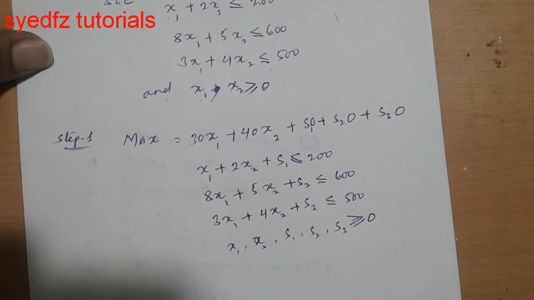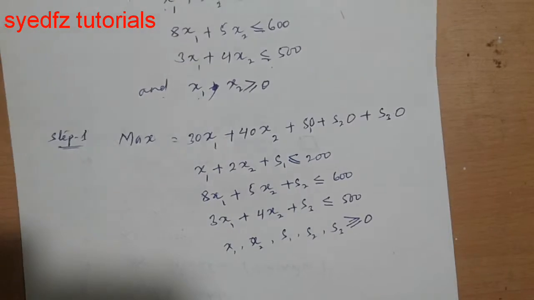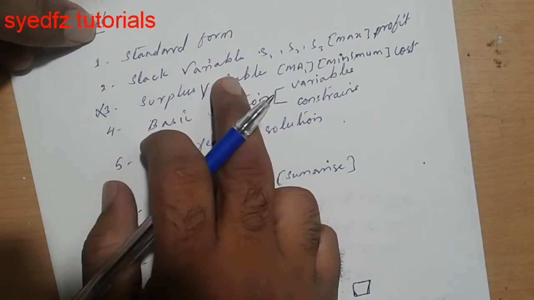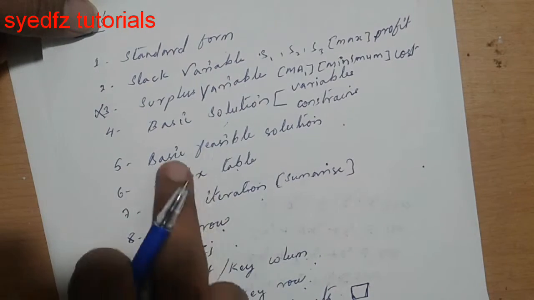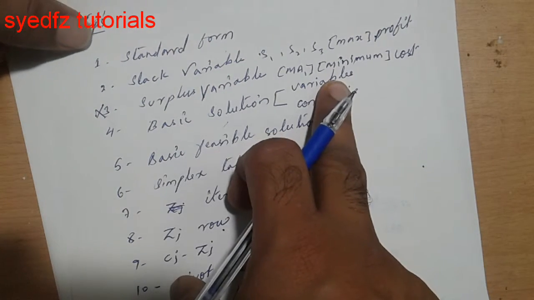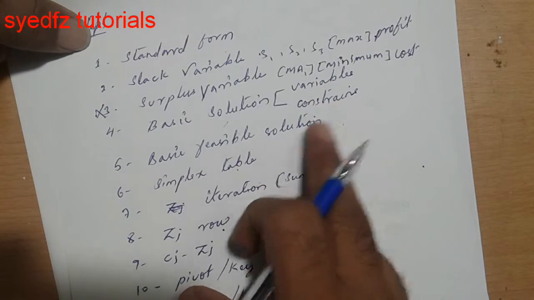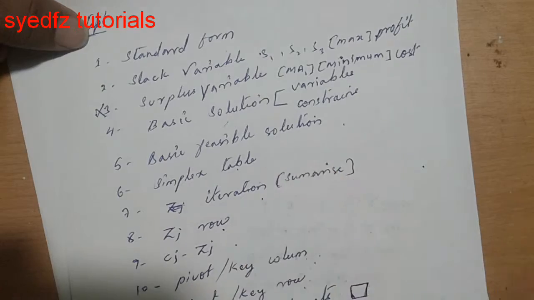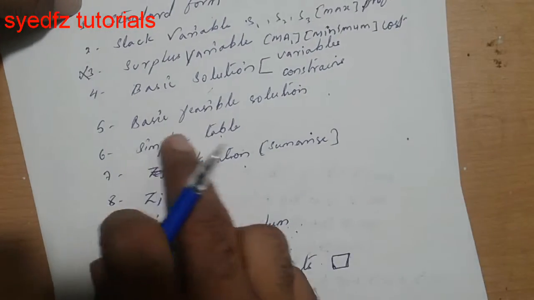Okay, this is the standard form with slack variables, the standard form equation with slack variables. Now we don't need to take minimize, so we add slack variables. The basic feasible solution is already given, feasible basic variables are already there.